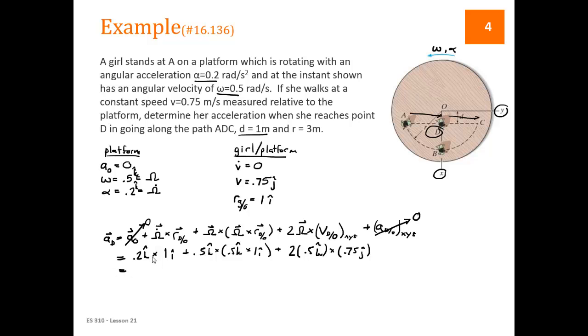Alright, so now we have some cross products to do. So k crossed into i, a positive k crossed into a positive i, gives us a positive j, so that's 0.2 j hat.